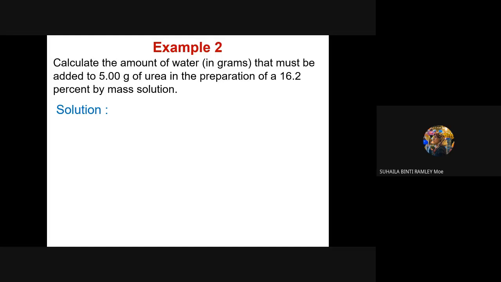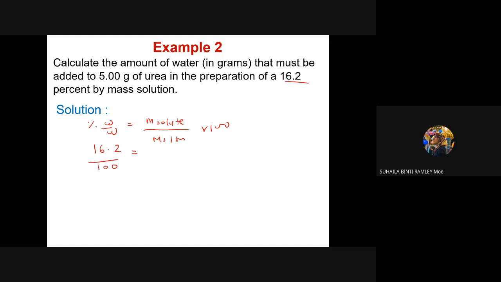Okay, calculate another example. 16.2%. The formula for percent W over W equals mass solute over mass solution times 100. It is given in percentage, 16.2 over 100.